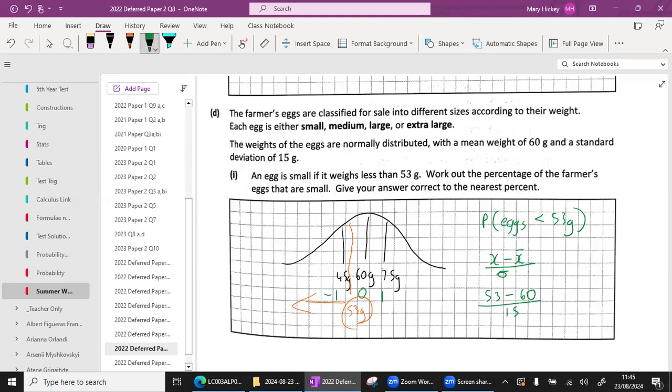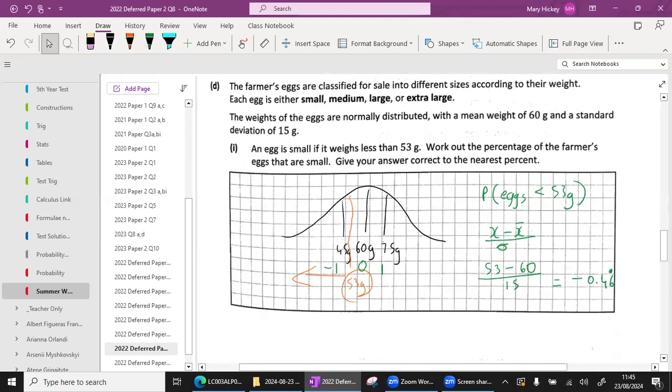Now, the problem is when we do that, I already can tell this is going to be negative. So that's negative 0.46 recurring. Now, does that make sense? Well, it does make sense because that orange line there is in between a standardized score of 0 and -1. So it does explain why it's negative 0.46.